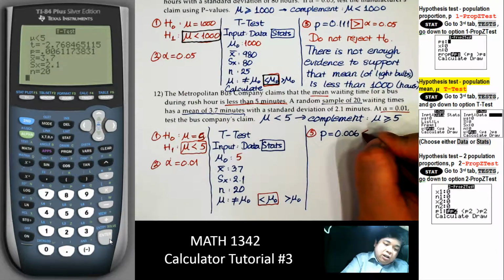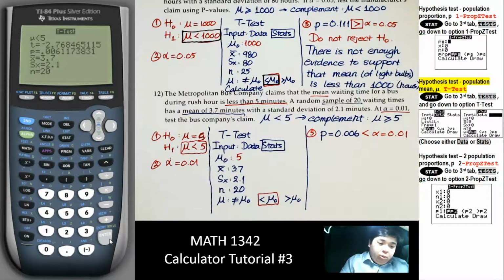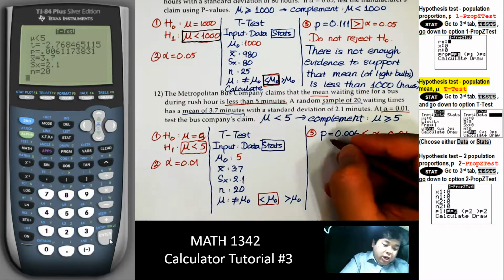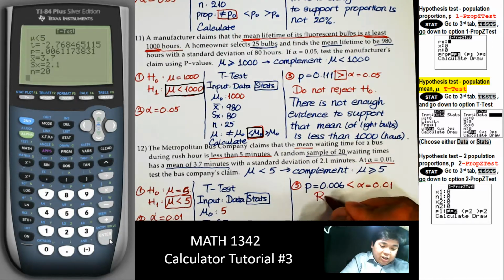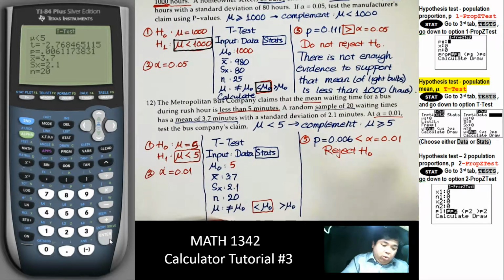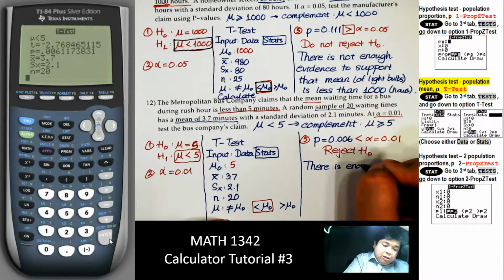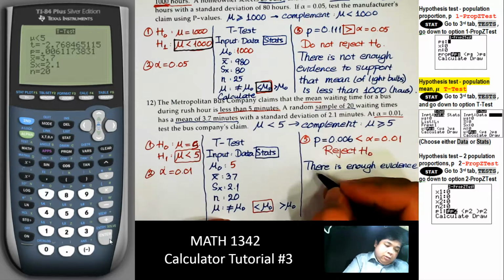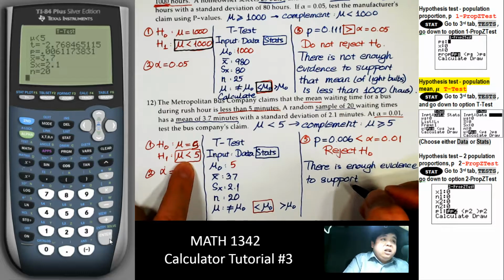And this is less than alpha, 0.01. So if it is less than, then we'll reject. Again, if p is low, the null must go, so reject the null hypothesis. So we write there is enough evidence to support that the mean is less than 5 minutes.